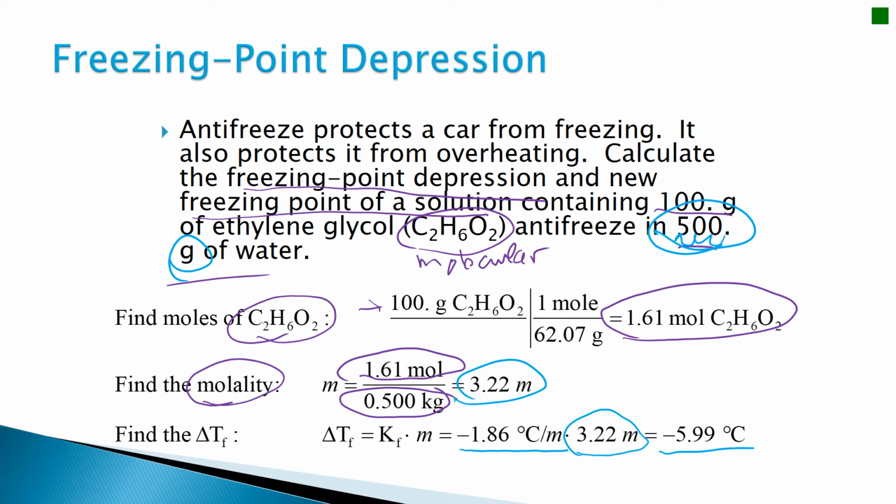So it depressed it 5.99 degrees Celsius. Because you're talking about water as being the thing depressed, water's freezing point is 0, so 0 minus 5.99 degrees Celsius means it will freeze at negative 5.99 degrees Celsius total.